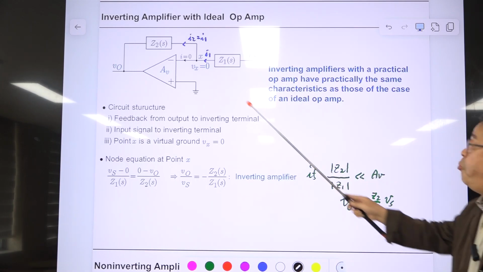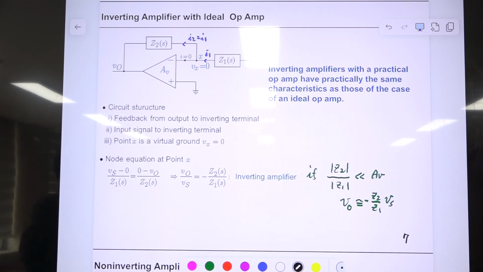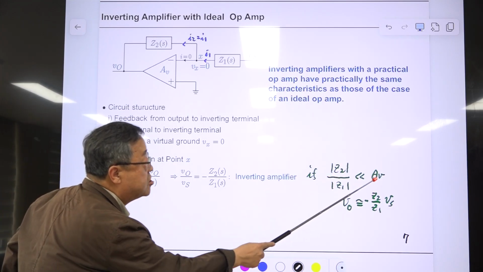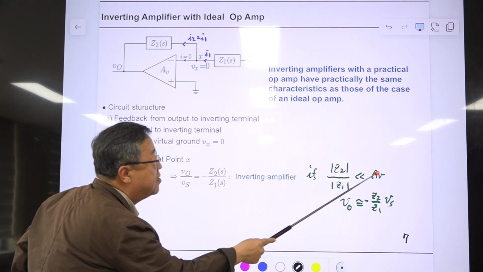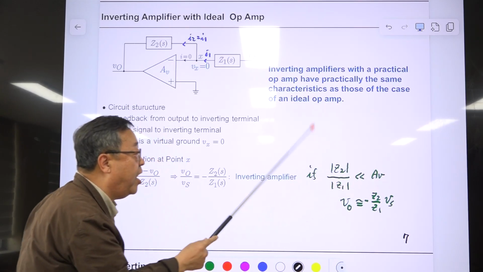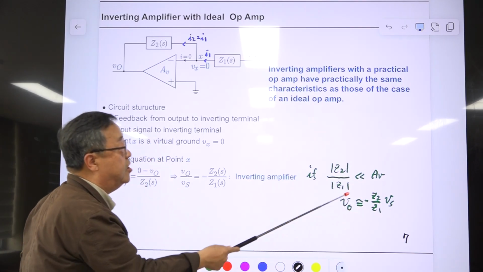This is the open loop gain of the practical amplifier in the practical frequency range, which well exceeds 500 or something like that. So if the gain is 10, this becomes 500, then this condition is well satisfied, and this is a very close approximation of this analysis.